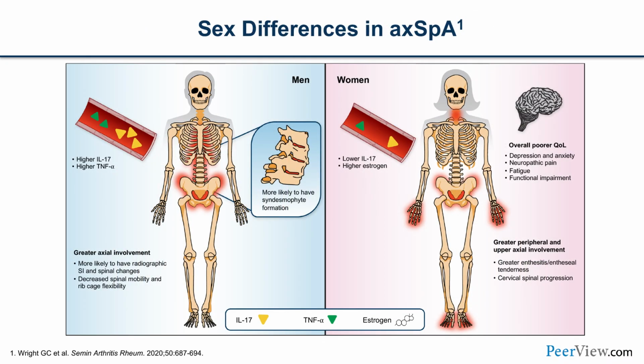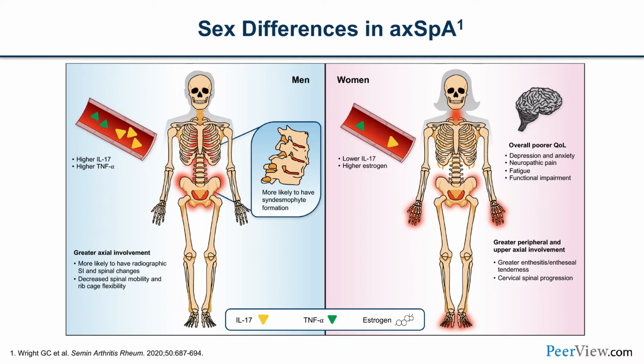Now, again, a half a century ago, this was considered virtually a disease of men. One of the remarkable advances in our understanding of this disease is that women are well represented with this disease, unfortunately. Yet there are some sex differences. Men tend to have more radiographic axial spondyloarthritis, in other words, leading to this fusion of the spine, and women tend to have more non-radiographic axial spondyloarthritis.